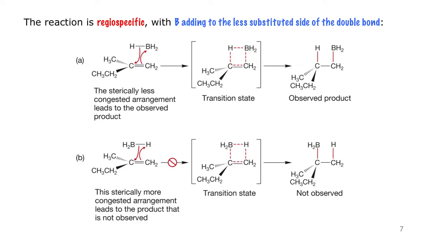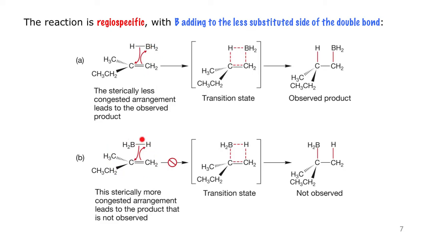There seem to be two factors at play. One is illustrated here, and that is sterics: it's sterically less congested to have the very small hydrogen add to the carbon that has the large alkyl groups on it. And the boron, though small, is a little more sterically congested because of the hydrogens sticking off of it, so the boron adds to the less substituted carbon.